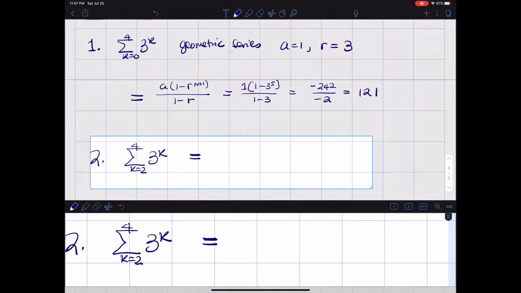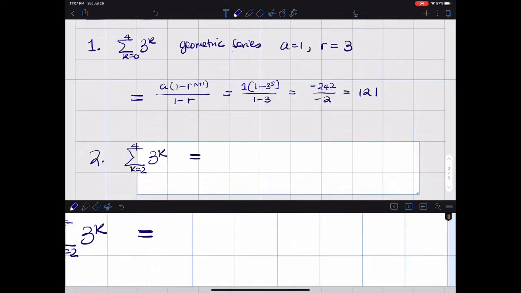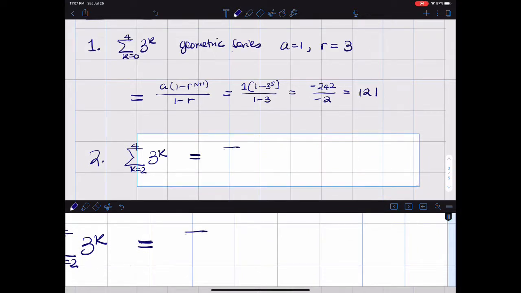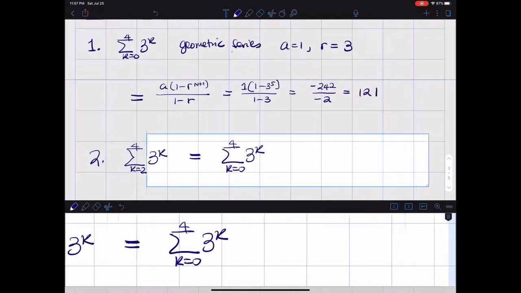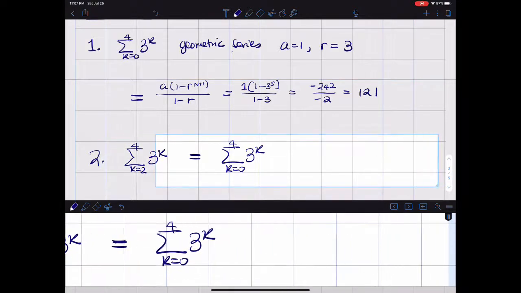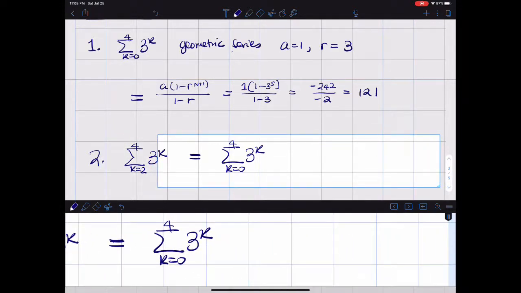And then we subtract what we don't need. What do I mean? I'm going to rewrite this as the summation k from 0 to 4 of 3 to the k. We know that this summation starts from 2, but let's make it start from 0.